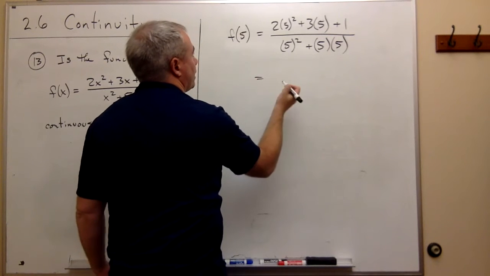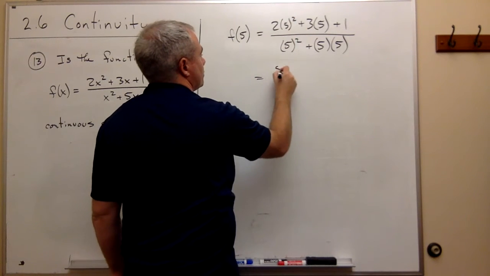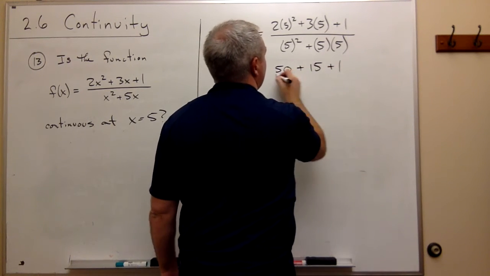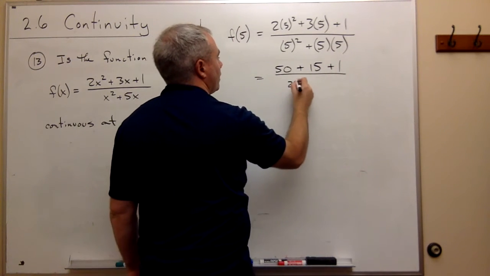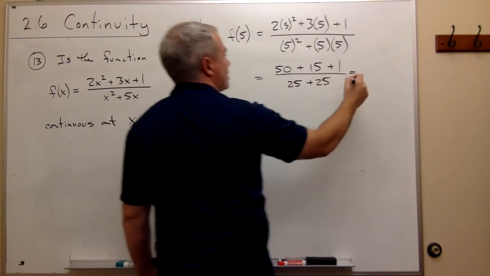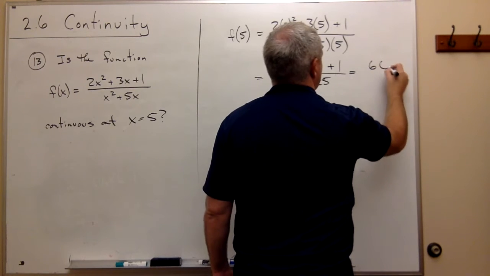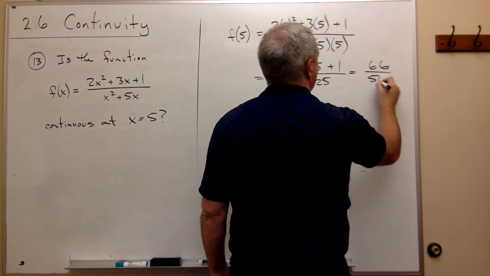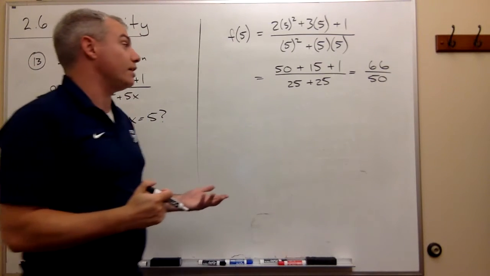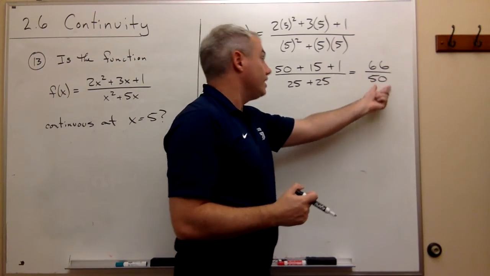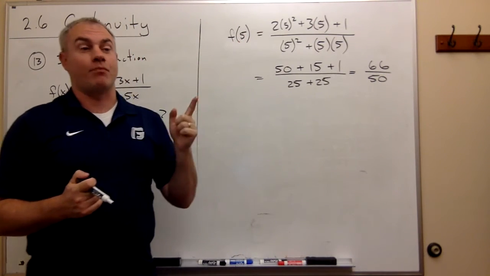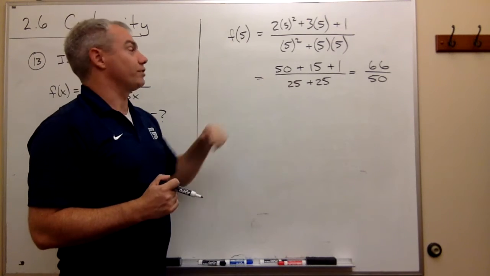Okay, what do we get here? 25 times 2 is 50, plus 15, plus 1, divided by 25 plus 25. This is 66 on top, and on bottom we get 50. We could simplify that a little bit, but there's really no need, because we do see that, yes, in fact, we do get a functional value at 5. So step 1, check, we get a functional value.